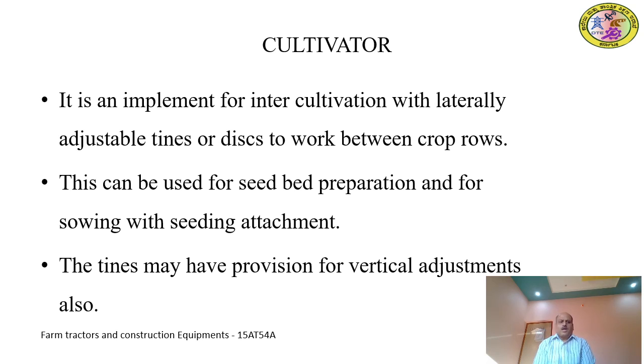So for that purpose we have to remove these weeds and grass, otherwise the yield will be less and it is harmful to the crop. So removing those weeds and grasses is intercultivation.